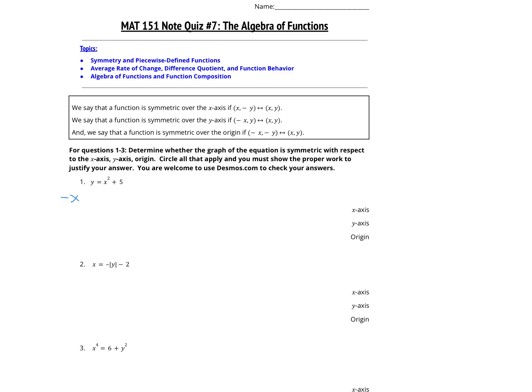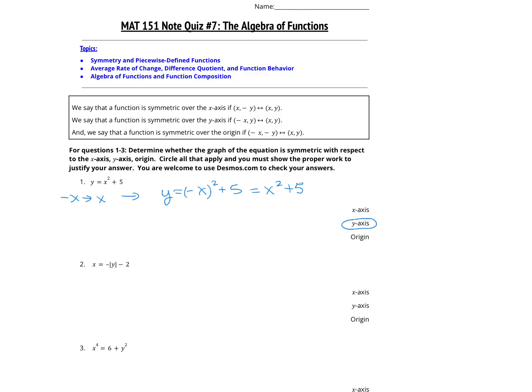If you take a negative x and put it in place of x, that's going to give you y is equal to negative x squared plus 5, which just turns into x squared plus 5. Because of that, you're going to see that this function is the original. So therefore, it's going to be symmetric over the y-axis.